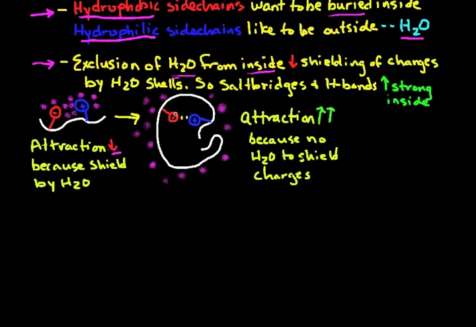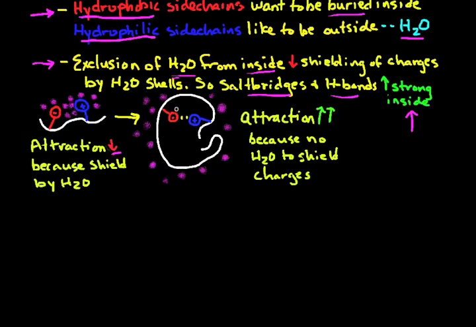Okay. However, water is excluded from the interior of a protein. So if you have a salt bridge or a hydrogen bond or even dipole interactions on the interior of a protein where there is no water, those salt bridges and hydrogen bonds are extra strong, way stronger than they would be on the surface exposed to solvent.